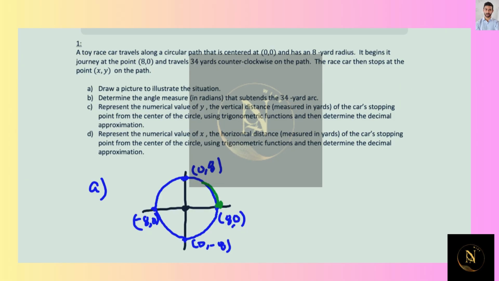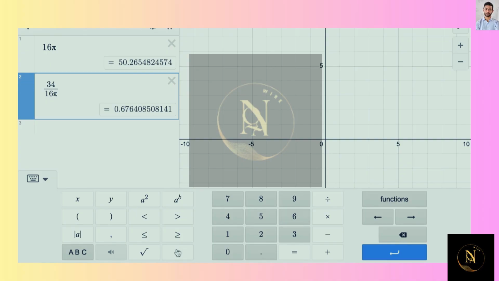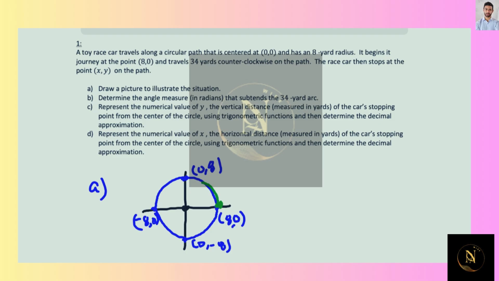And if we know that it went 34 yards, then 34 out of one circumference is about 2/3 of the way around. So maybe it ends up over here at some (x, y).